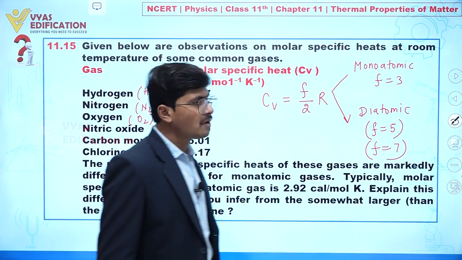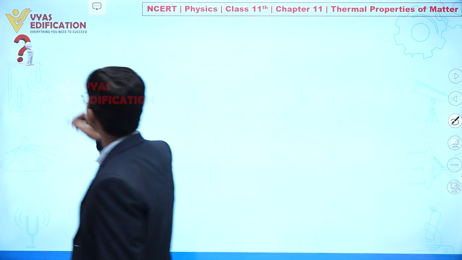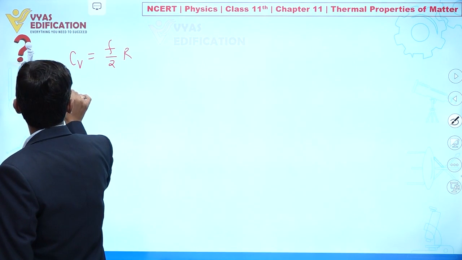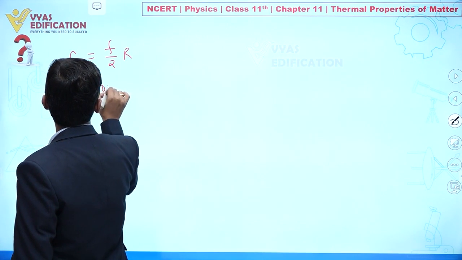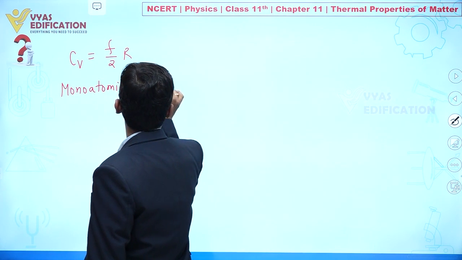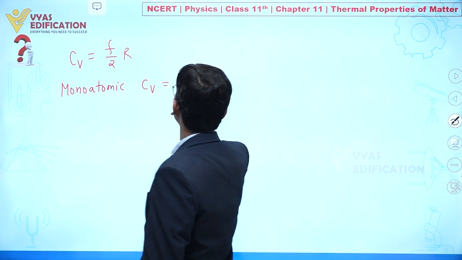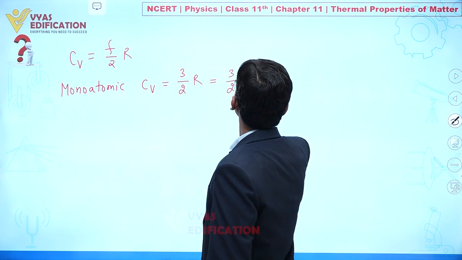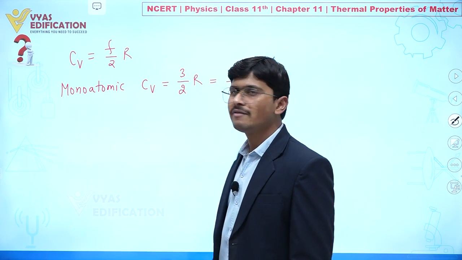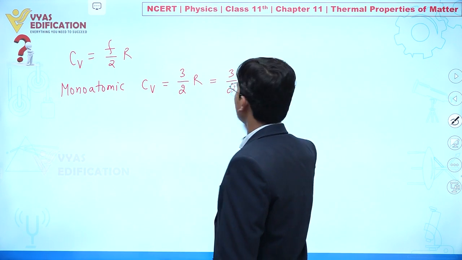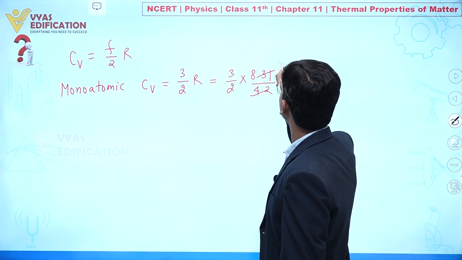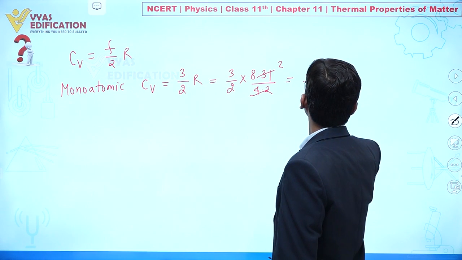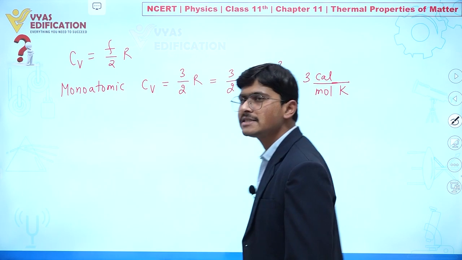So from here you can see the value of CV is given by F by 2 R. For a monoatomic gas, CV equals 3 by 2 times R. What is the value of R? The value of R is 8.31 joule per mole per Kelvin. Can we convert into calorie? Yes, we can divide by 4.2, and this will be near about 2. So this is near about 3 calorie per mole per Kelvin, or per degree Celsius.